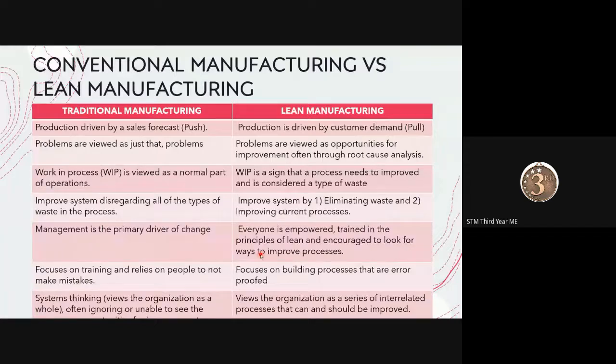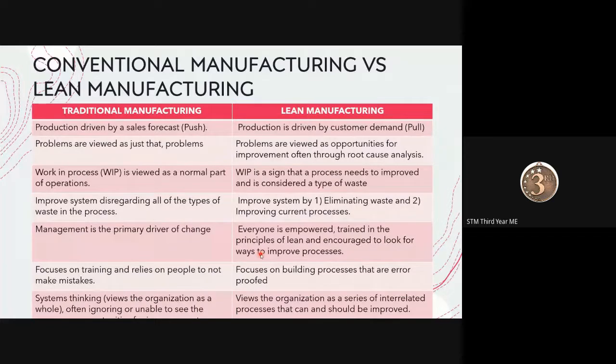Next one, traditional manufacturing also improves the system, but without addressing all the types of waste in the process. Traditional manufacturing improves the system by updating technology, etc., but it will never take the waste into consideration.